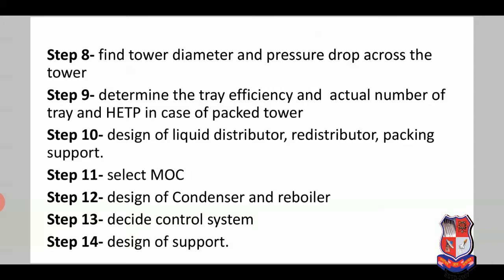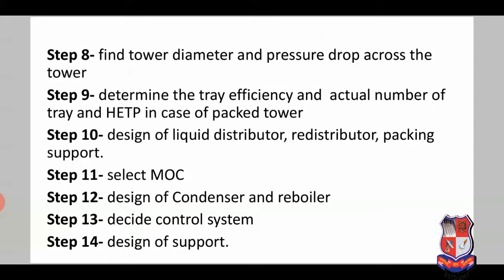So design of condenser and reboiler is again chapter number 2 of your syllabus, that is process design of heat exchanger, in which you might have learned the technique or method for designing of condenser and reboiler. Condensers have two types, partial condenser and total condenser, and in case of reboiler again there are two types, that is kettle type reboiler and thermosiphon reboiler.